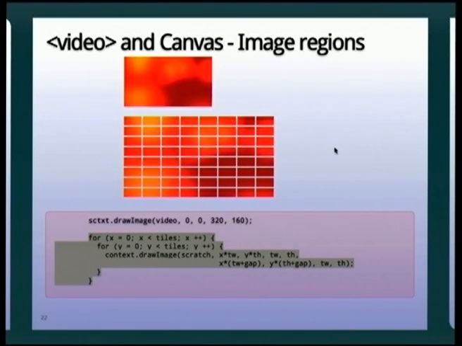So that's the kind of stuff you can do with video. You can pull the pixels out of a video, or the frames out of a video, throw them at a canvas, and then manipulate the pixels.